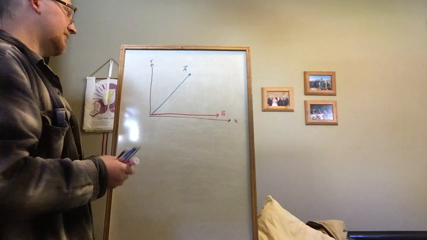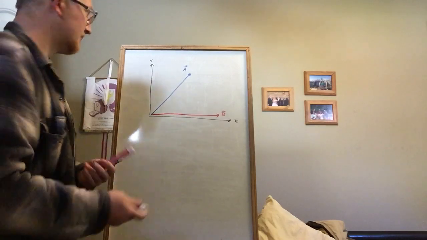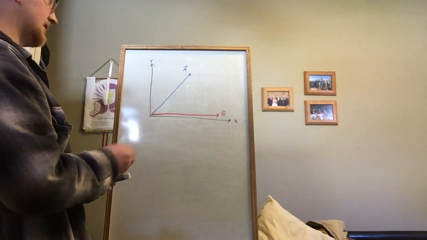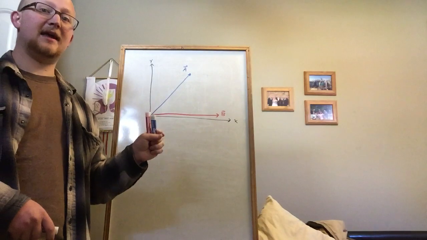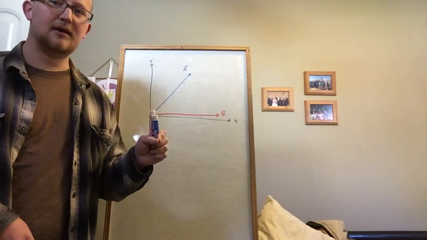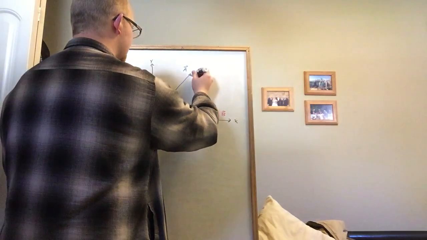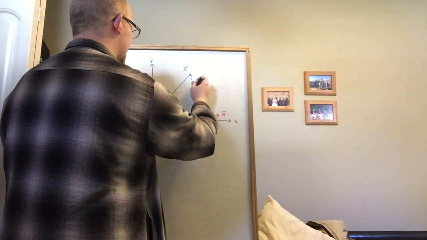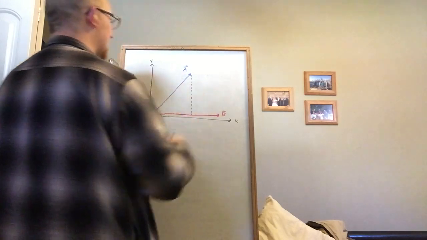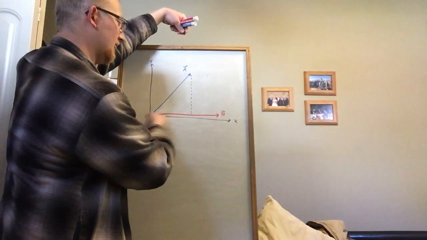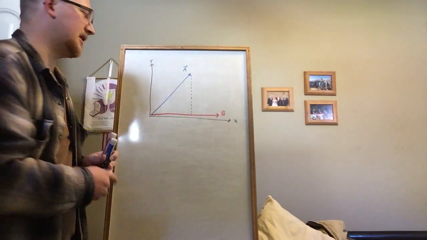So the idea of a dot product is trying to figure out how much of A goes in the direction of B. Finding how much of A goes in the direction of B is called a projection. The way I think about it is if you had a light shining directly orthogonal to B, where would A's shadow be projected onto B?